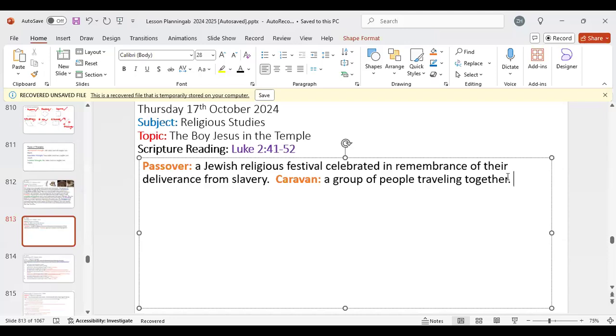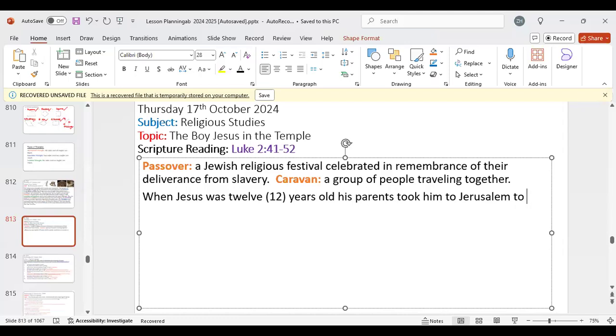So when Jesus was, how old was he? He was 12 years old. His parents took him to Jerusalem to celebrate the Passover festival.